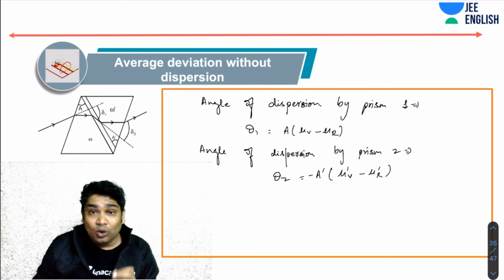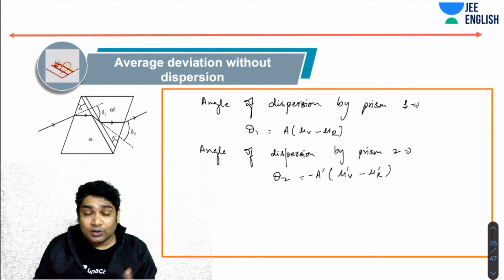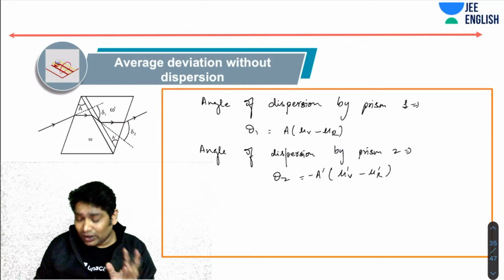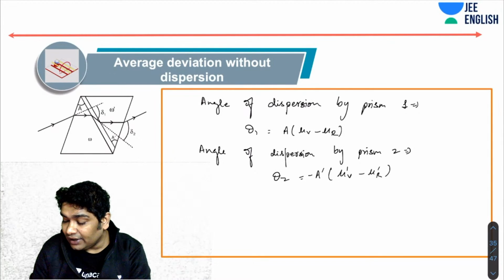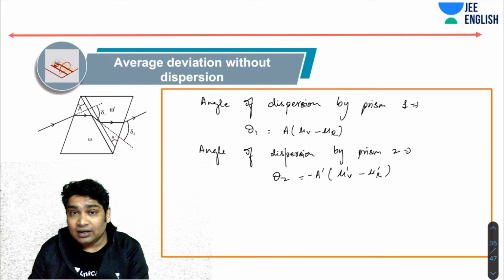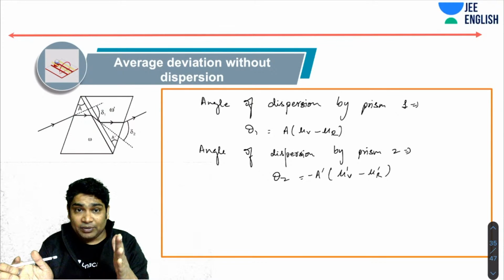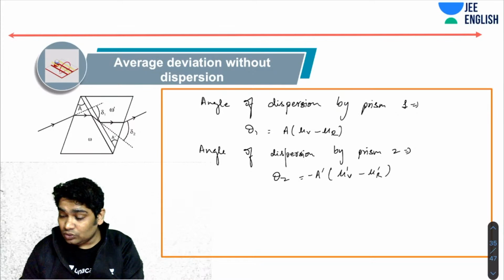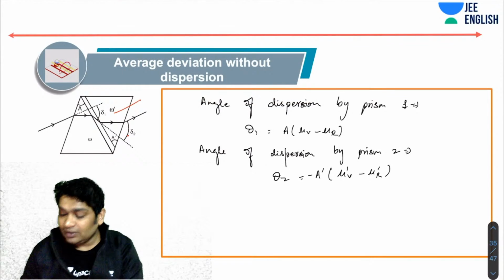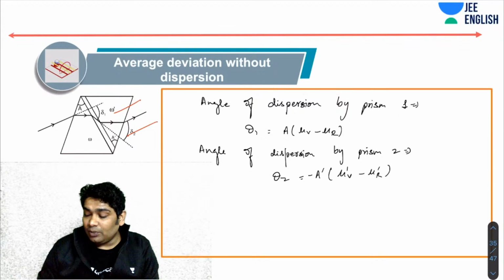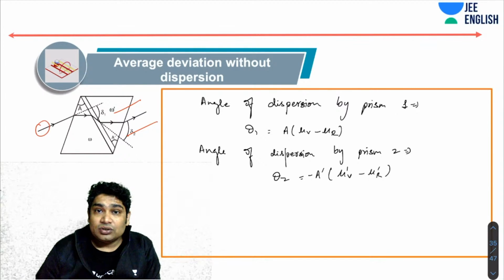Now, for no dispersion, you want the total angle of dispersion to be zero. What does that mean? The light had started spreading here, the light starts to diverge at prism 1, and starts to converge at prism 2. So if you have light rays finally moving parallel like this, which may not be parallel to the incident light, that is called deviation without dispersion.